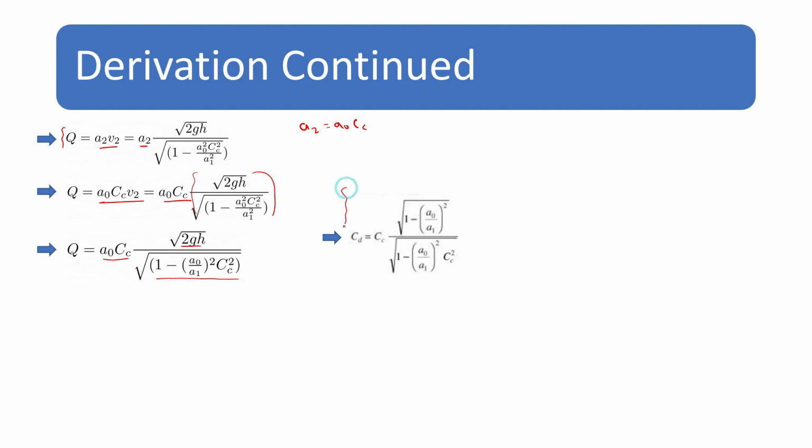And here the coefficient of discharge Cd is equal to the coefficient of contraction Cc into root of 1 minus A0 by A1 square by root of 1 minus A0 by A1 square into Cc square.